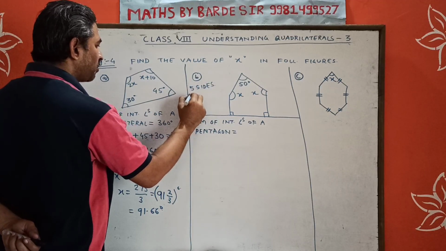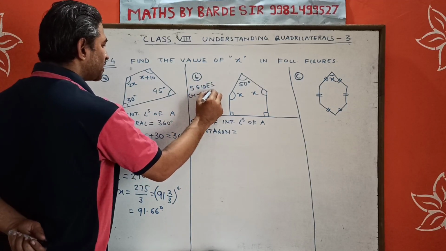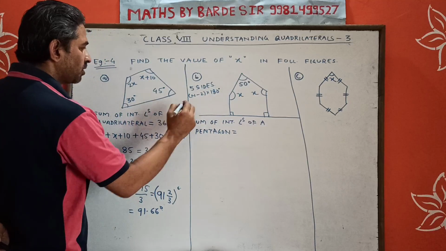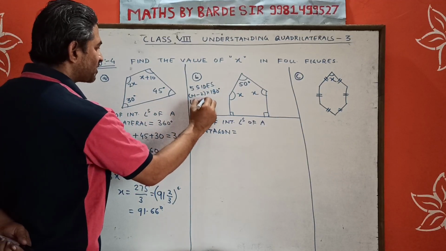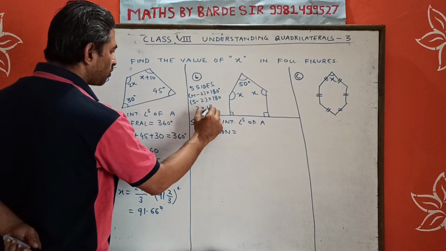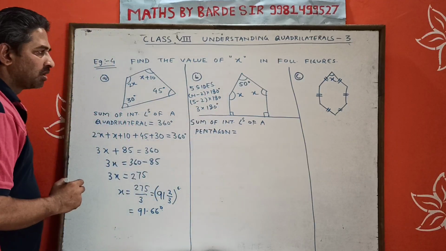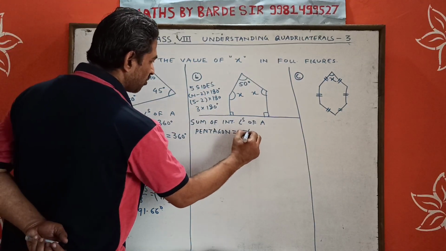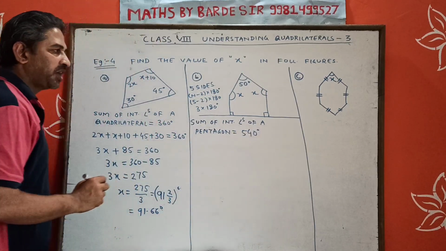You had the formula n minus 2 into 180. So we'll have 5 minus 2 into 180 as the sum, 3 into 180 as the sum. That means sum is 540 degree.